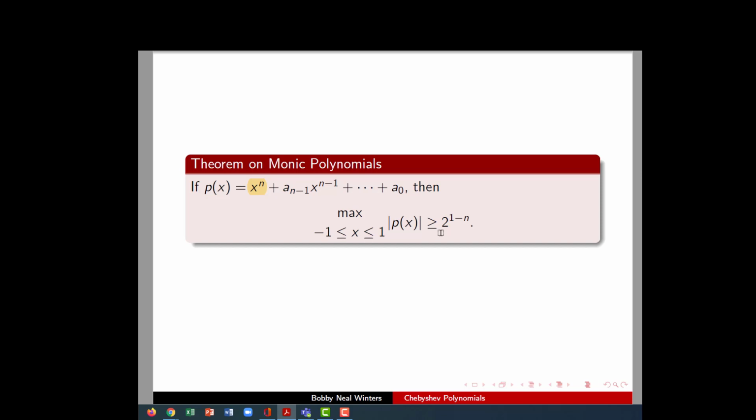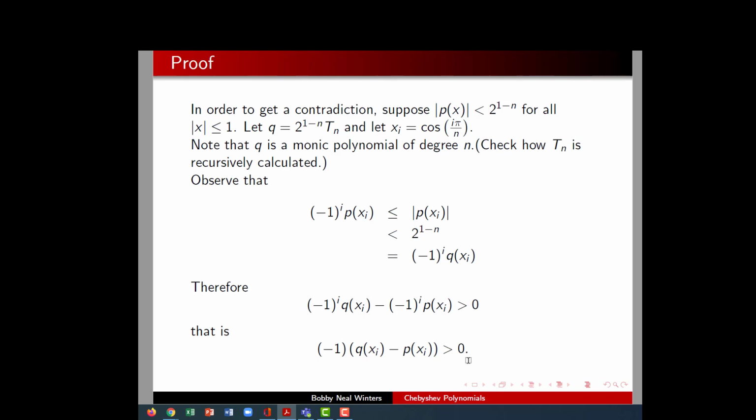And you might think of this better as being 1 over 2 to the n minus 1, because it's going to be a small number. The maximum on this interval is going to be bigger than this small number, and it gives us some idea of what it looks like.